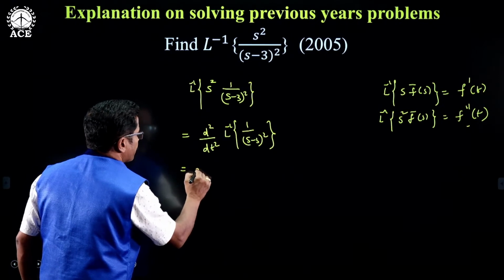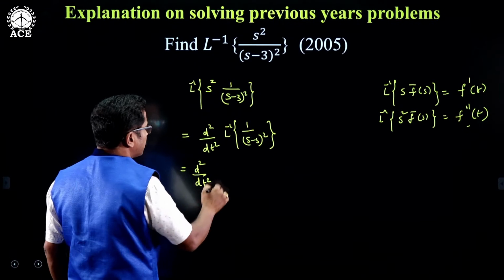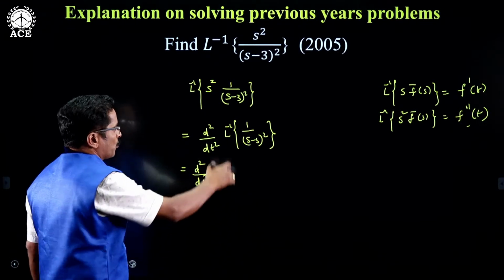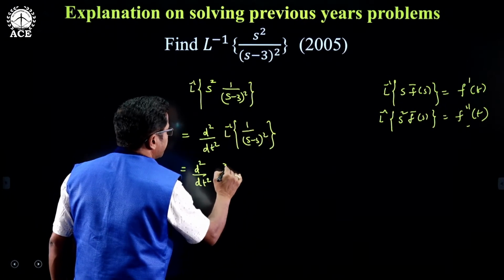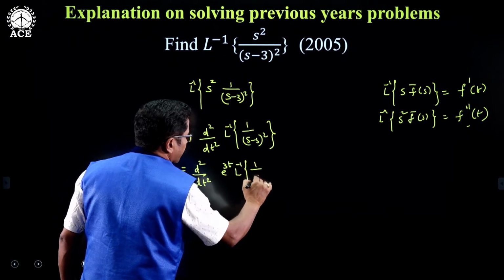So this is equals to d square by dt square of, by the first shifting theorem, 1 by (s minus 3) whole square we can write as e power 3t L inverse of 1 by s square.